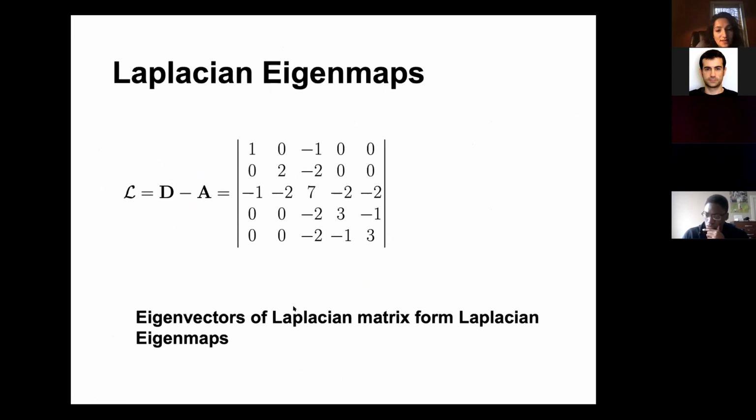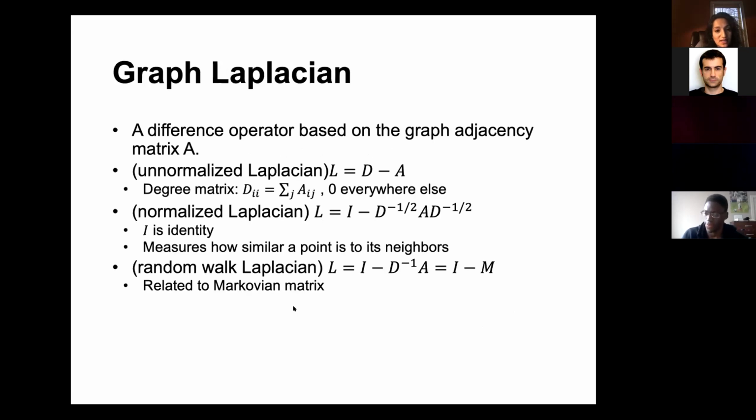In Laplacian eigenmaps, you get something really similar to diffusion maps, except it's easier to derive a very interesting property that I'm going to tell you in a second. So you can have different kinds of Laplacian eigenmaps. You can even have one that's similar to a diffusion map. It can be the identity. If you divide both sides by degree inverse, it's going to become the identity minus your diffusion Markov matrix. So it's just kind of one off from it.